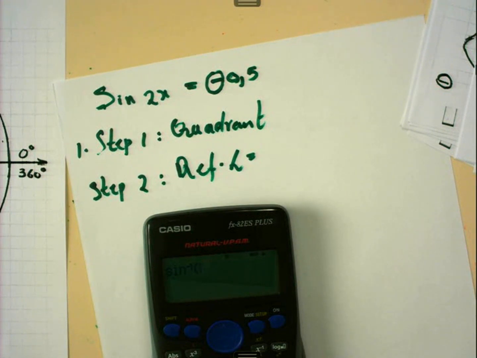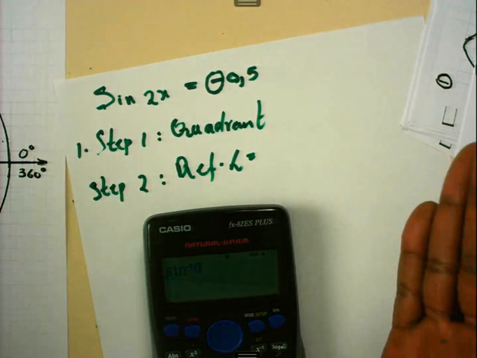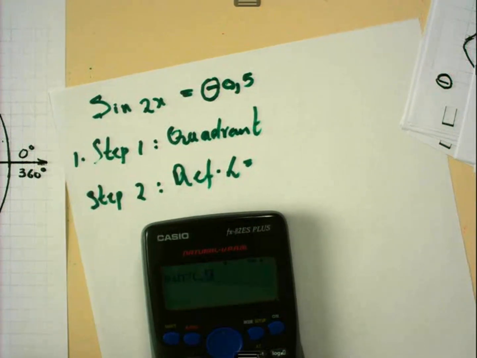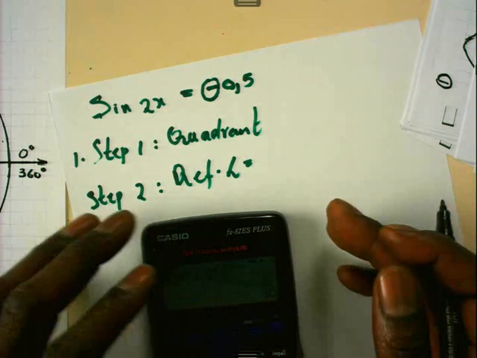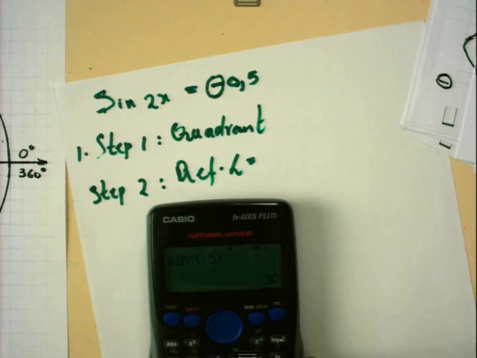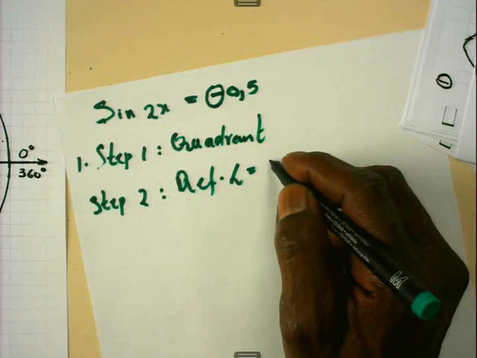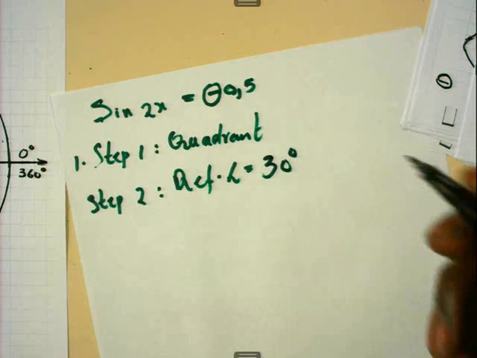I'm tempted to put a negative sign there. No, I cannot. Why? I've already used that negative sign to identify the quadrant. So I need to press 0,5. I must be kind to Casio, close the bracket, and the reference angle is 30 degrees there.